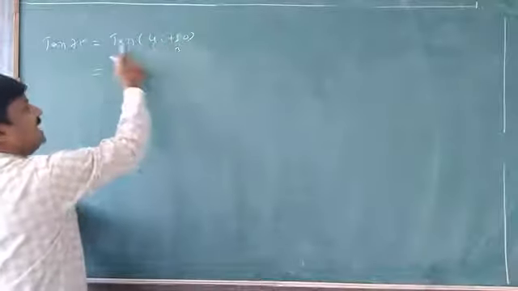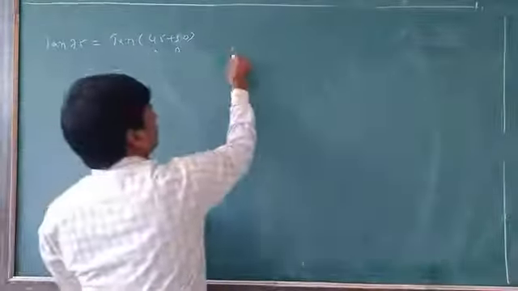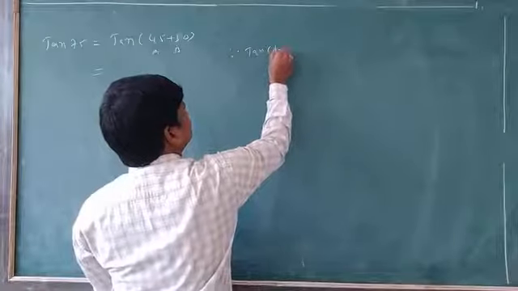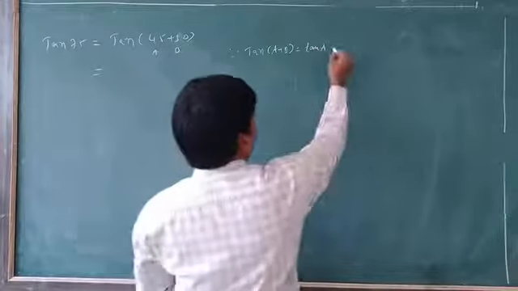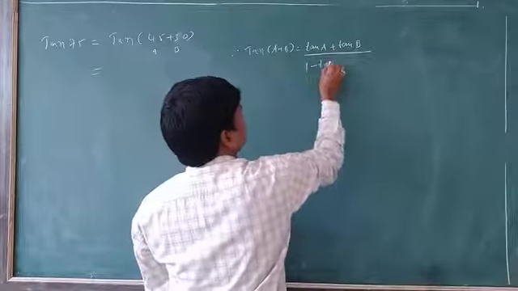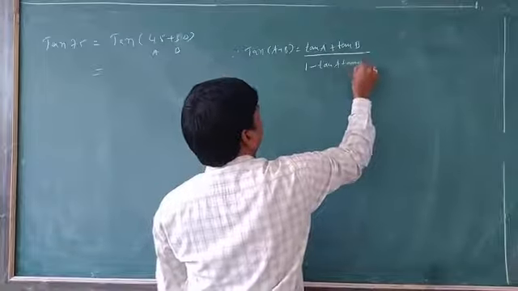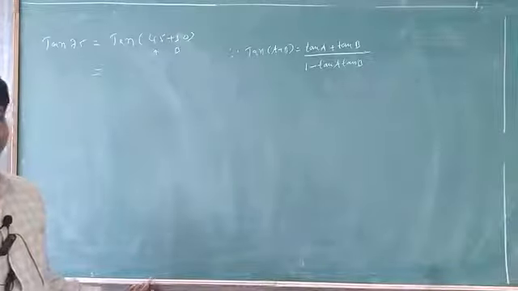Next, tan of which form is it? It is A, it is B. Tan of A plus B. What is the formula of tan of A plus B? Tan A plus tan B by 1 minus tan A tan B. Clear?